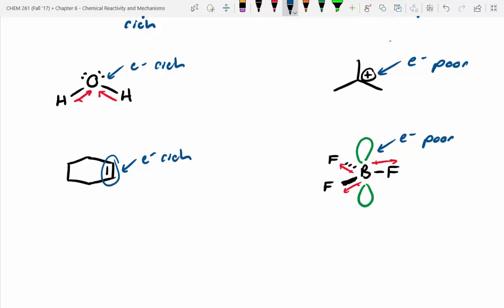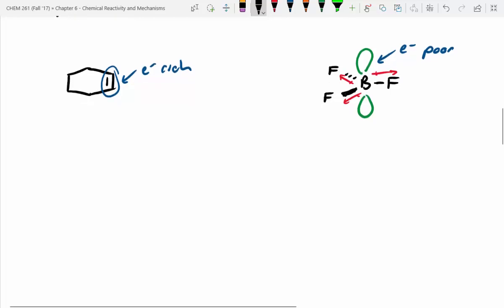Does that make sense? So in general, you can go through the same process to determine whether or not a molecule has a nucleophilic site or an electrophilic site. A nucleophilic site is always electron rich, and an electrophilic site is always electron poor. Occasionally, though, you might run into situations where you have both nucleophilic sites and electrophilic sites within one molecule.